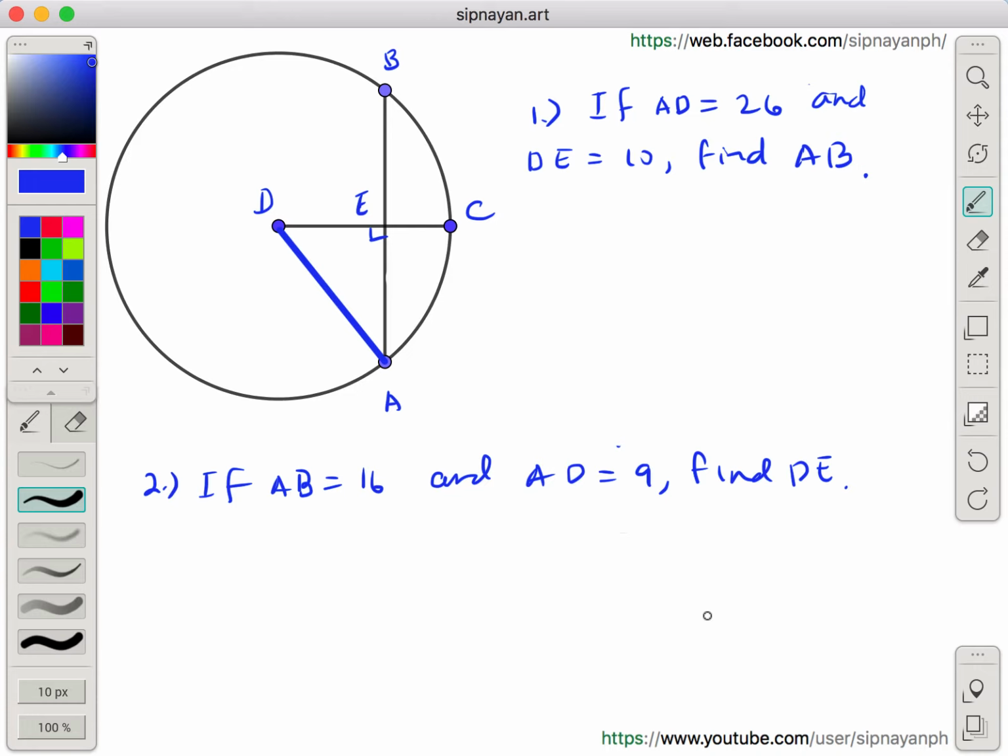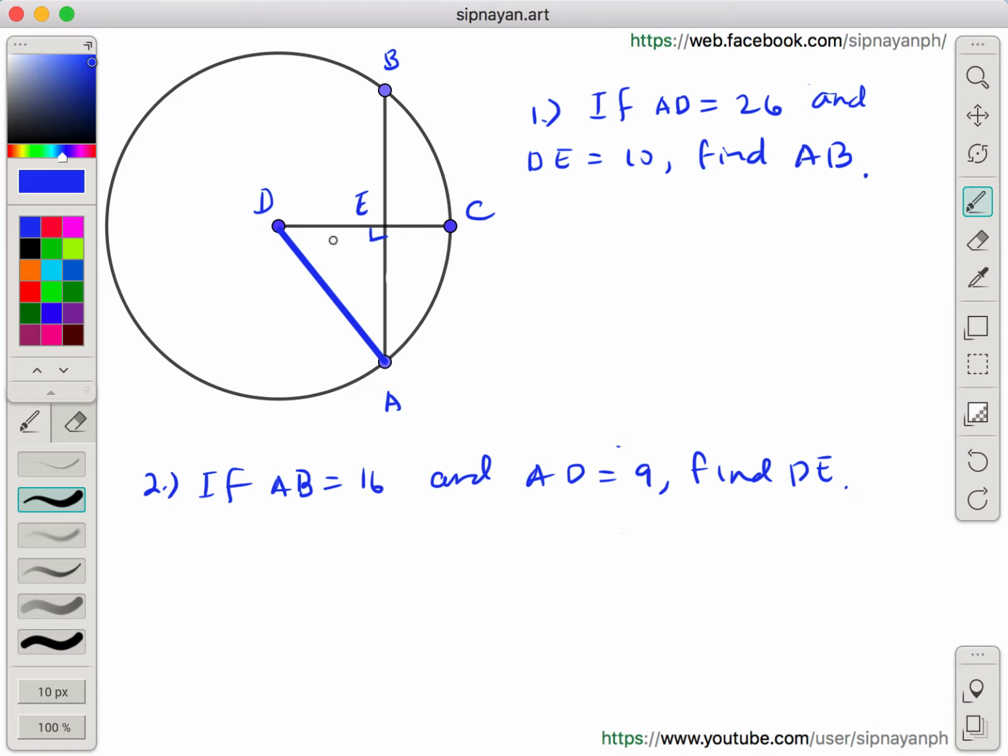So sa previous two videos, ang pinrove natin ay if a radius bisects a chord, then it is perpendicular to that chord. And yung converse niya, if the radius is perpendicular to a chord, then it bisects the chord.